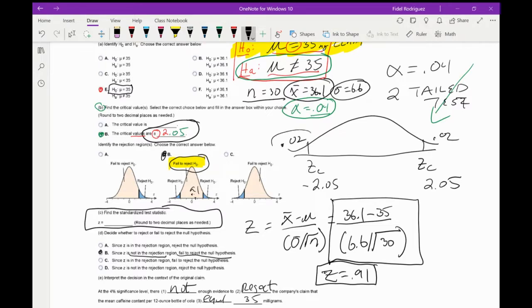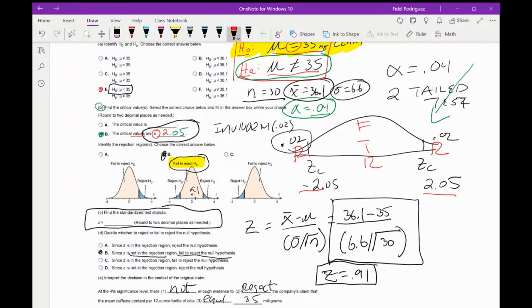The way we did that was inverse norm of 0.02. And these are rejection areas, and this was our fail to reject area. So we had already used our calculator to find those values.